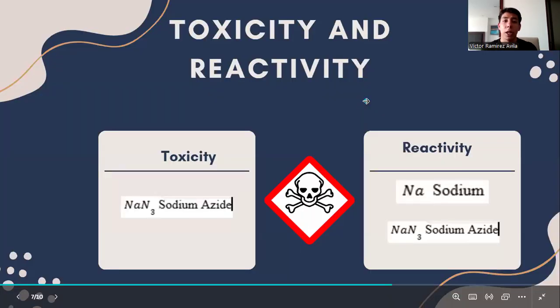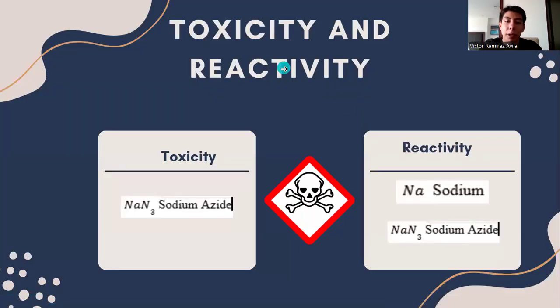And now we need to talk about the toxicity and reactivity of the main reaction. About the toxicity, the sodium azide is the most toxic component in all the reactions because it's very toxic for human life and for life in general.